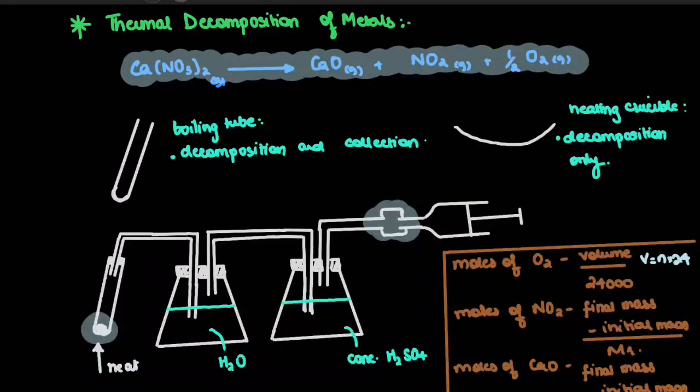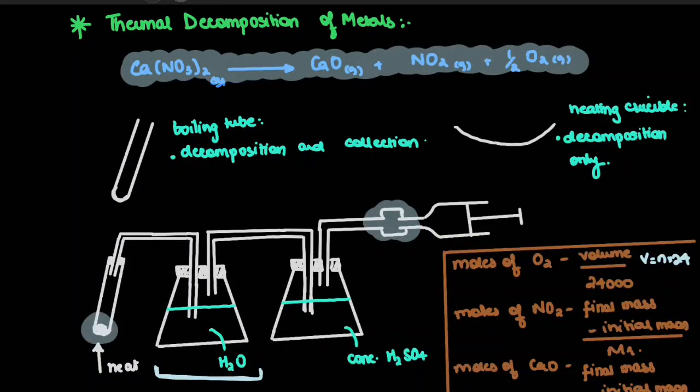Alright. Now, what if we are asked to calculate the moles of nitrogen dioxide? What will I do then? So first I'll find the mass of the whole apparatus. I'll find the mass of the flask containing water. And after the whole reaction is over, I'll reweigh it. And when I reweigh it, what I'll notice is that the mass has increased.